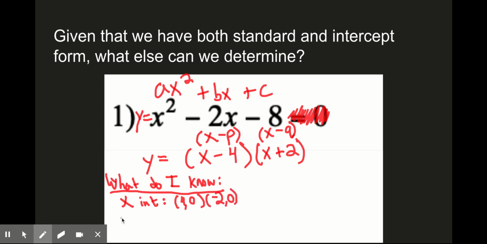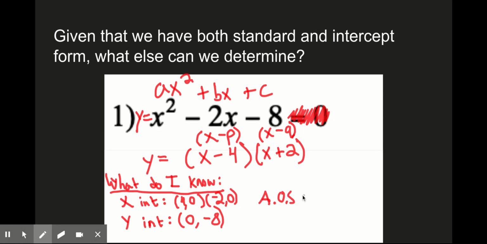If I look at standard form, I know the y-intercept is always (0, b). So here the y-intercept is (0, -8).